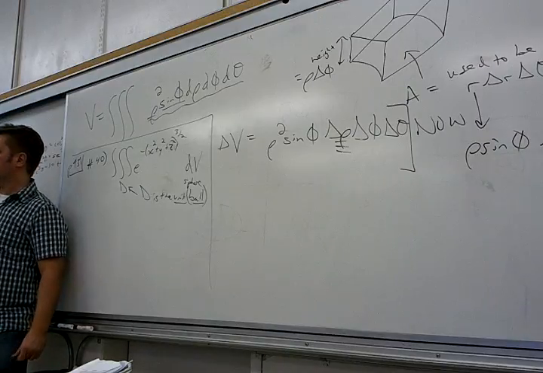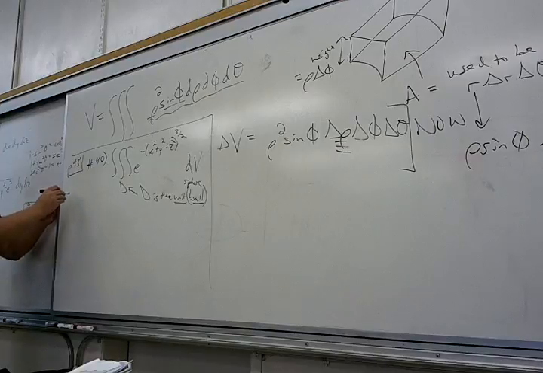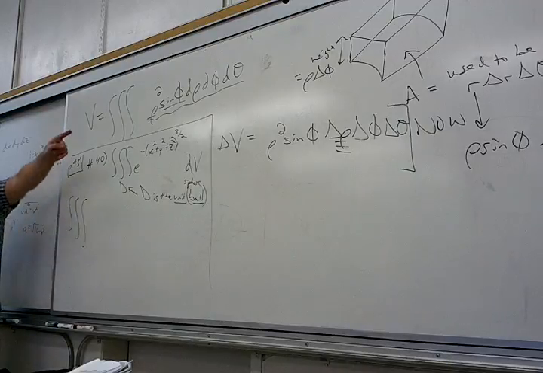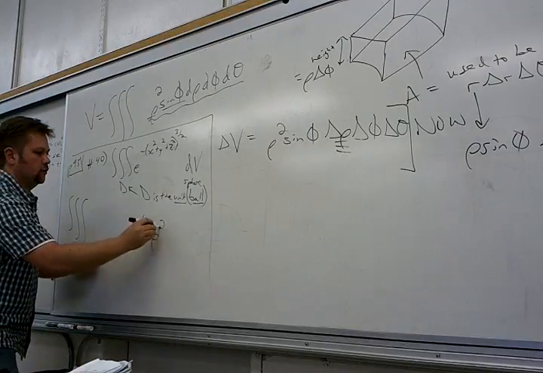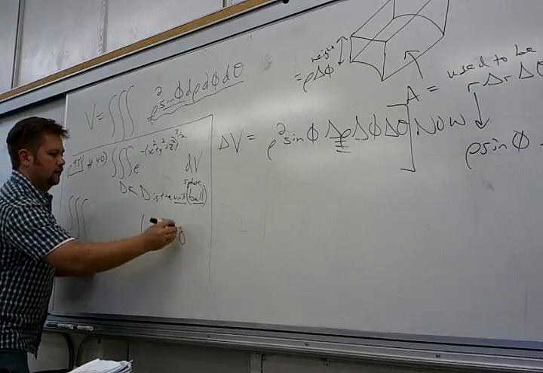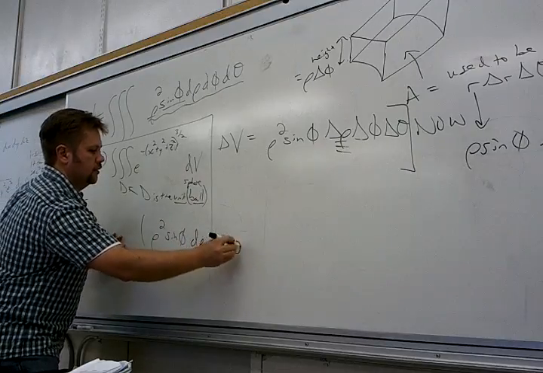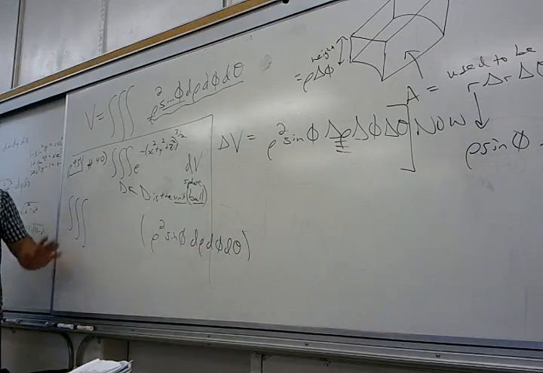You have constants. z goes up to 1. And to really hammer this home, this really should always be in exactly that order: d rho, d phi, d theta. So I know at the end of this, I can go ahead and put my rho squared sine phi d rho d phi d theta. All right, that's going to be at the end.